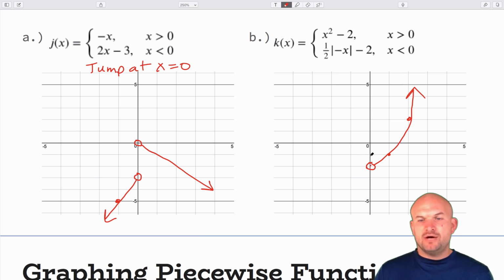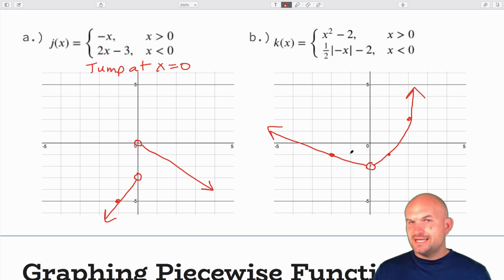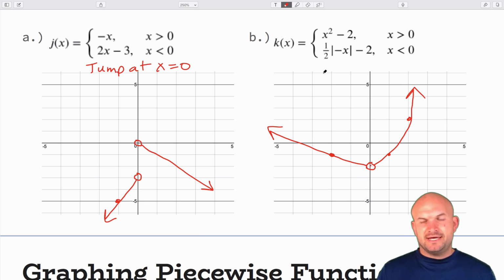So instead of going over 1 up 1, it's going to go over 2 up 2, because it's actually going to be a vertical compression. And that's going to be minus 2, so it's shifted down 2. So it's going to look something like that. Again, not trying to be perfect here, but you can see by graphing this that I have a hole at x is equal to 0.